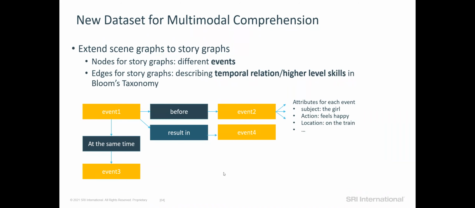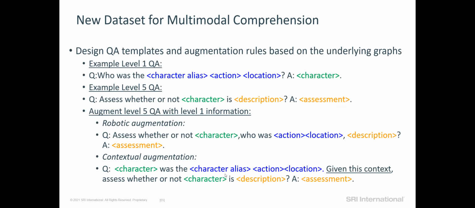So what we have done is we have come up with these kind of graph representations at every level of the taxonomy. So for example, let's go all the way up to level 5, right? So assess whether or not a certain character is some description, right? Happy, sad, or energetic, right? Some kind of characterization, right?